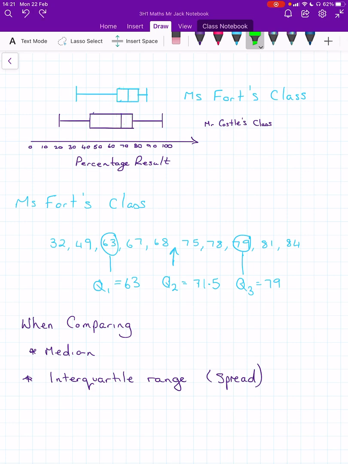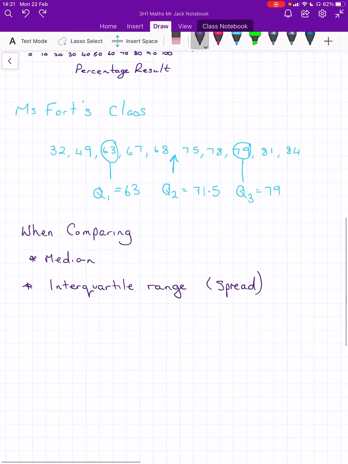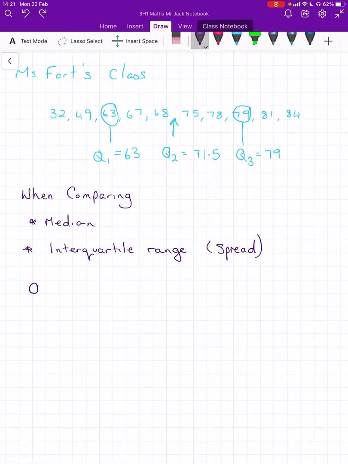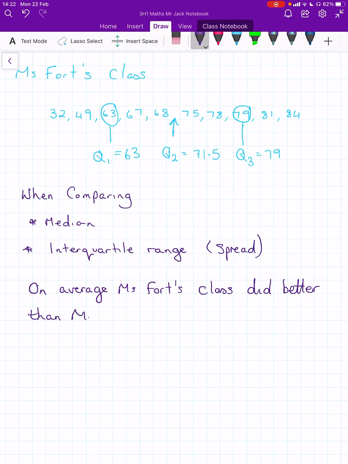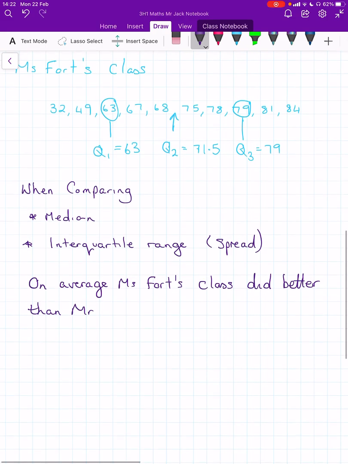All right, so our first comparison, we can say, on average, Miss Fort's class did better than Mr. Castle's class in the test.